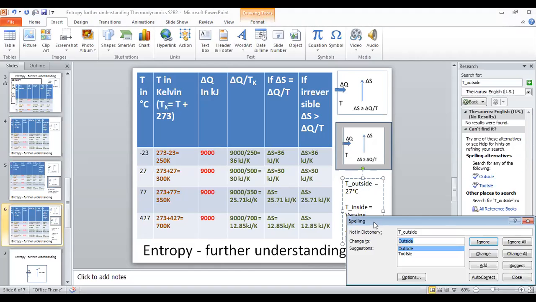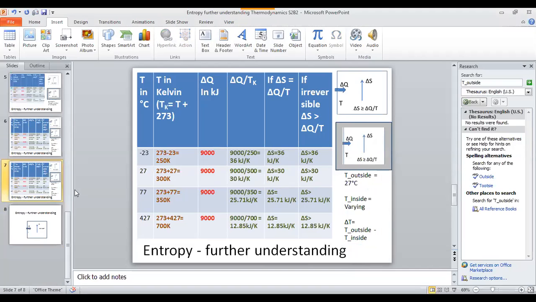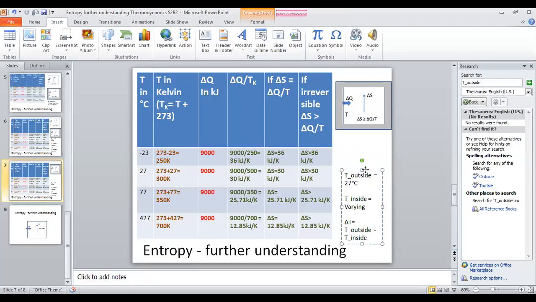minus T inside. So you are going to learn some more. T outside minus T inside is delta T. Very, very interesting.